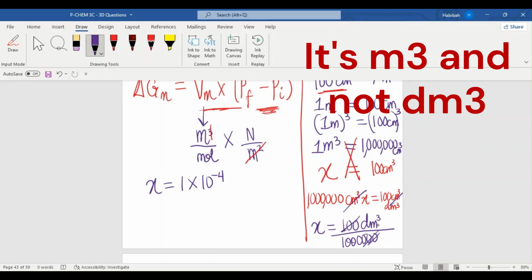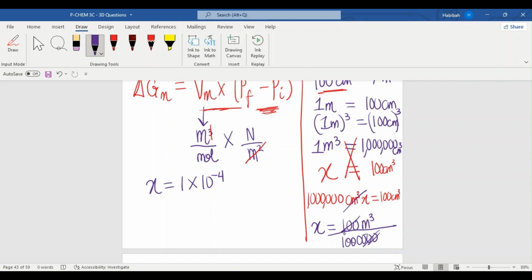Oh, sorry, not decimeter cube. Gosh, the devil really wanted to mess this up for me. We have meters cube. So 100 divided by 1 million is the same thing as 1 divided by 10,000 meters cube, which is the same thing as 1 times 10 to the power of negative 4 meters cube.